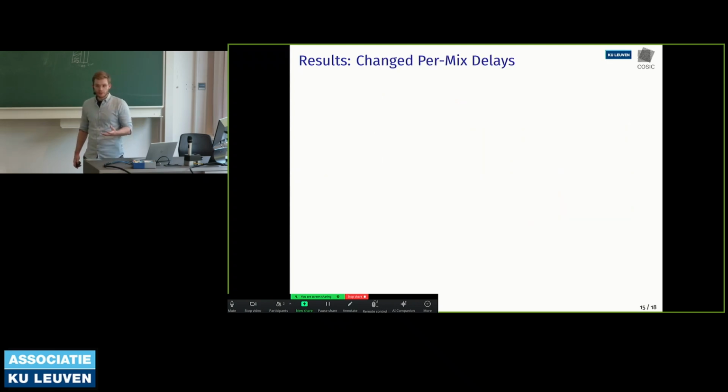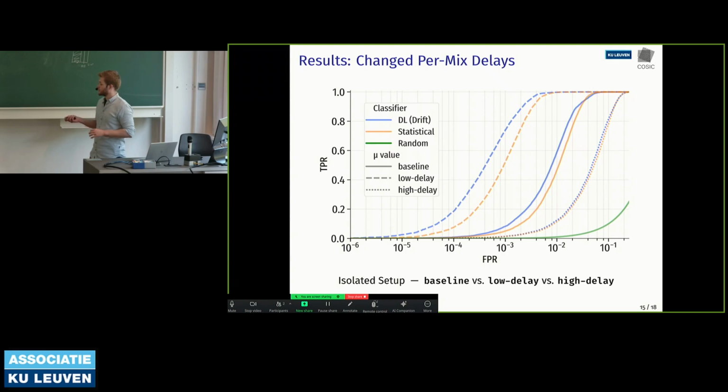What if you change the packet delay parameter at the mixes, right? If you make it higher or lower, what changes? So we compare the baseline dataset with low delay and high delay. And you can see that the expected impact materializes. If you reduce the delay, our classifiers obtain better performance. If you increase the delay, their performance goes down. But actually by a relatively significant amount, right?